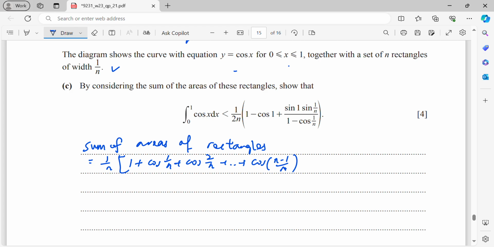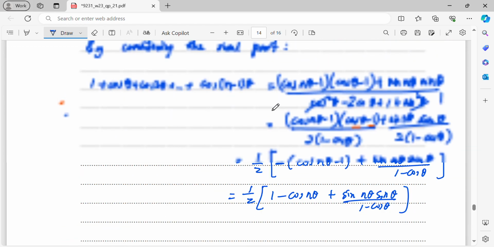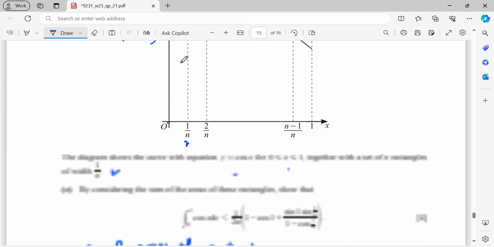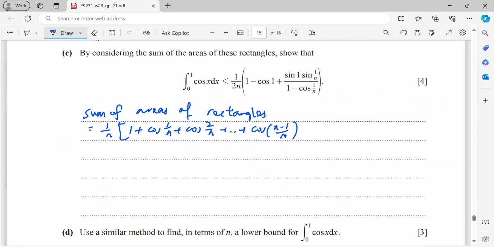Then now, when you compare with the previous result, cos theta, 2 theta until n minus 1 theta, that means now your theta is 1 over n. So now you just replace.